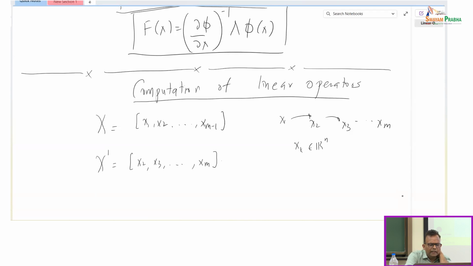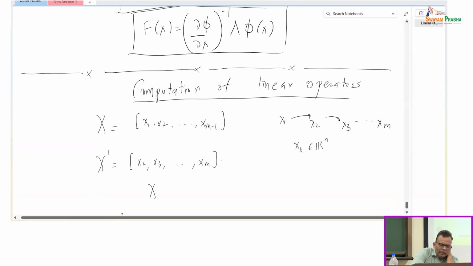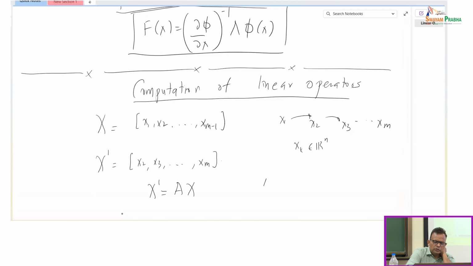Basically, we are asking the following question: given X and X prime, what is the matrix A such that X prime equals AX? Here A is a matrix in n by n.